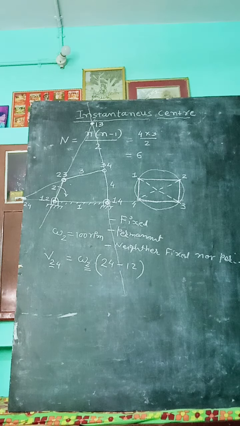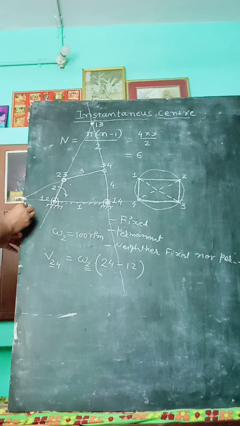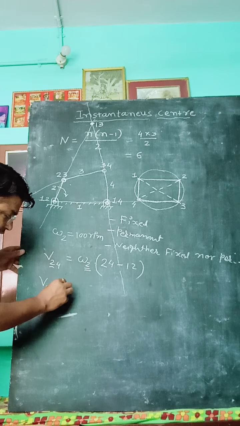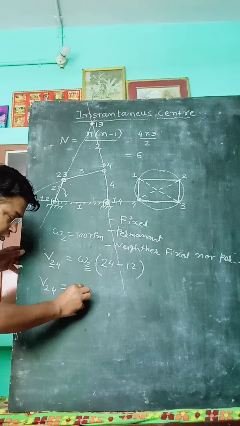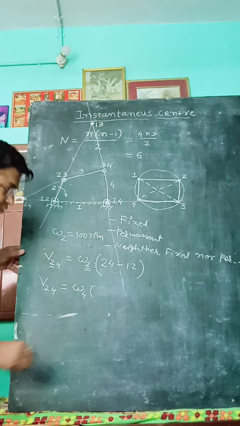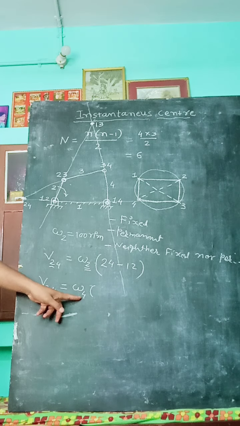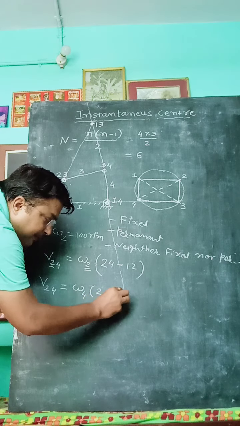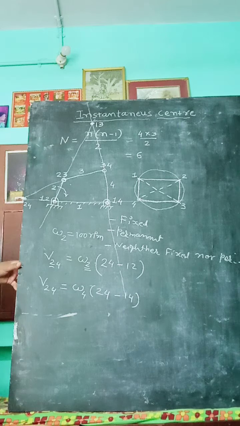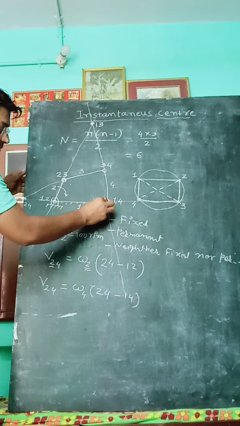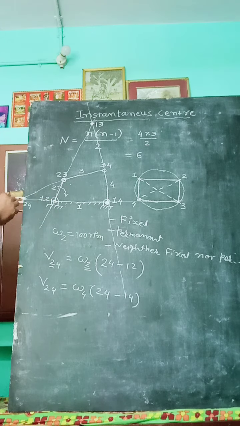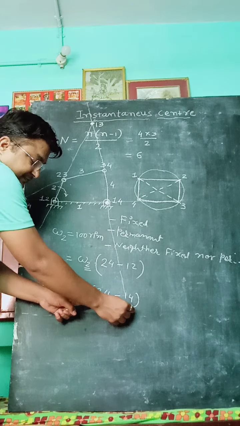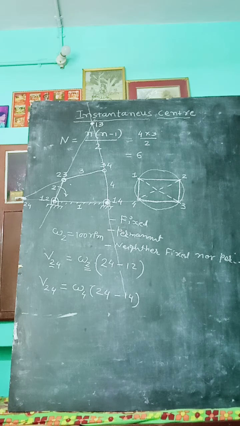Now on the other end, with respect to instantaneous center 2, 4, I can have omega 4 into 2, 4 minus 1, 4. Where is 1, 4? Here it is. And where is 2, 4? Here it is. So measure this distance, put it here. Omega 4 value.